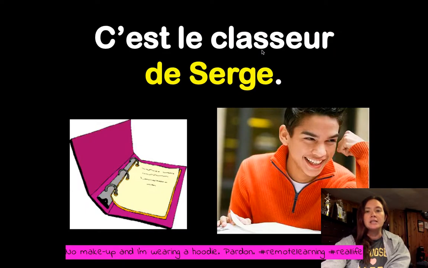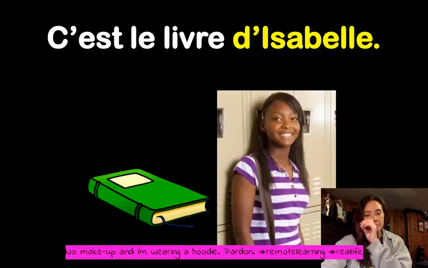Similarly, it is the binder of Serge. Okay, so if you're going to translate literally, that is what you're saying, except that we don't talk like that, right? So in English, c'est le livre d'Isabelle. The meaning is it's Isabelle's book. But because you don't do the apostrophe S in French, you have to say, it's the book of Isabelle.